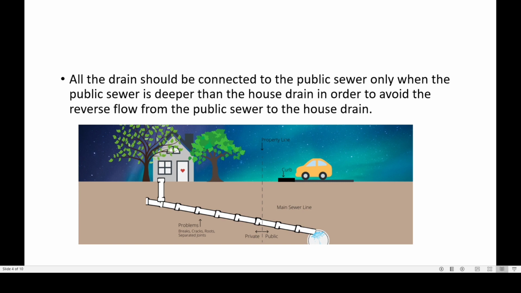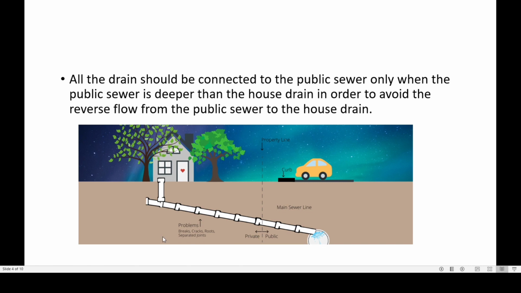The public sewer should be at a lower point than the house drain, meaning the house drain should be sloping. This will help you to avoid the reverse flow from the public sewer to the house drain.